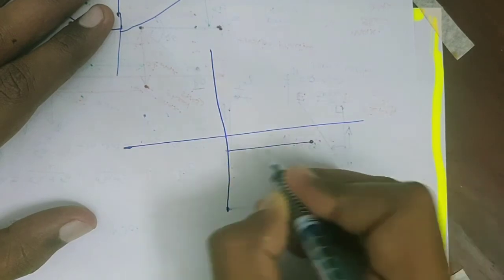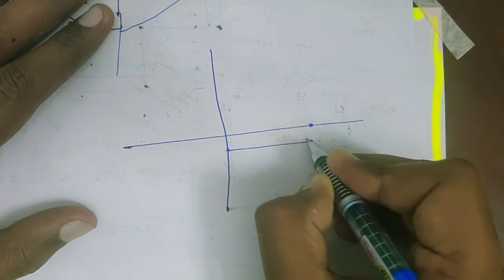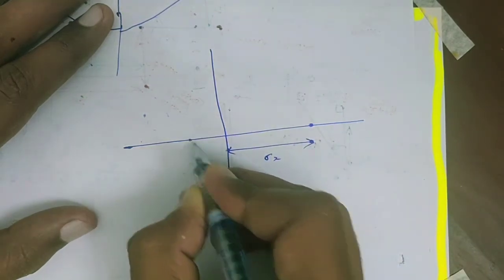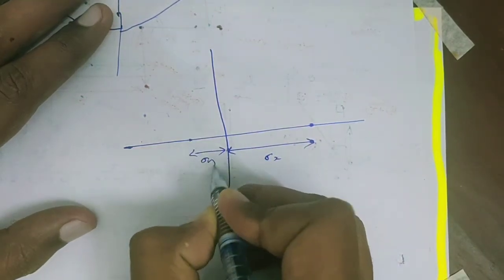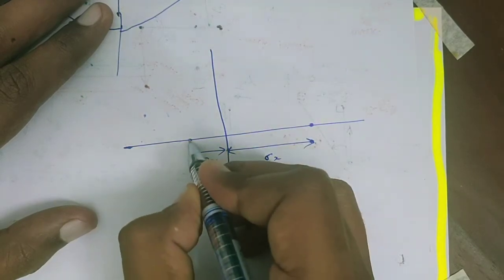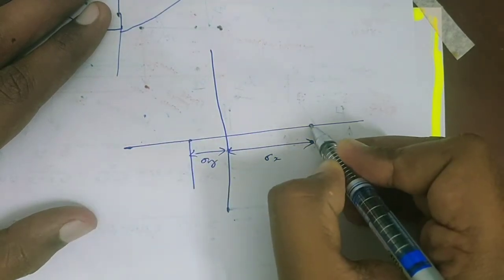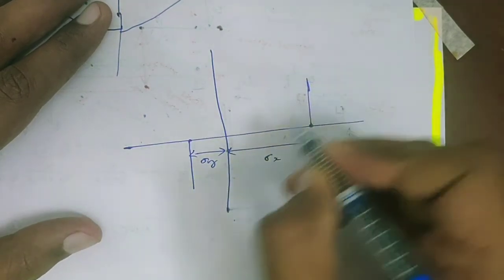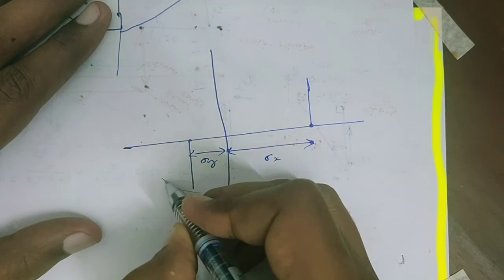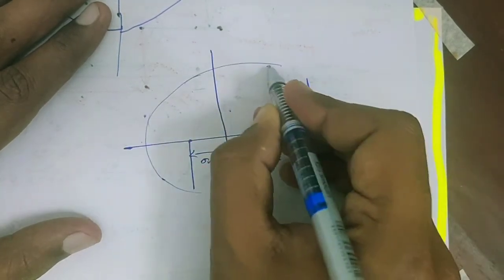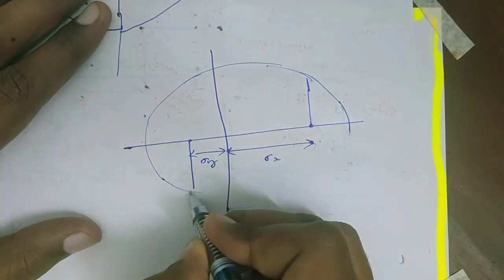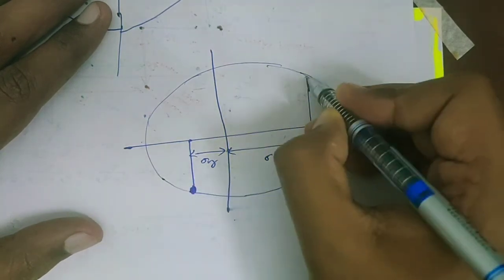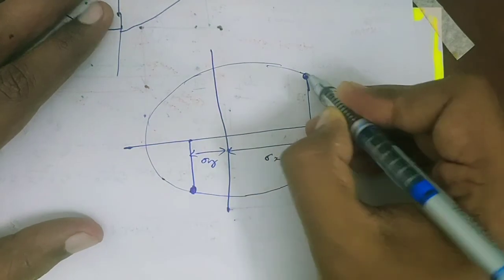Sigma x, sigma x, sigma y. This is the point, 2 planes.